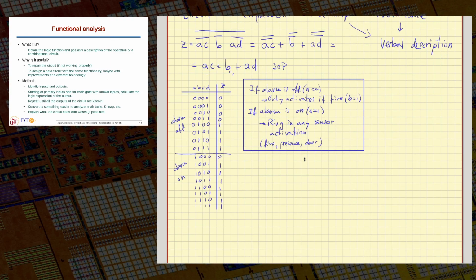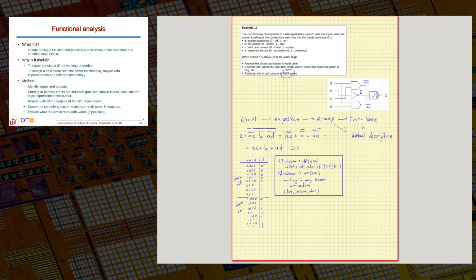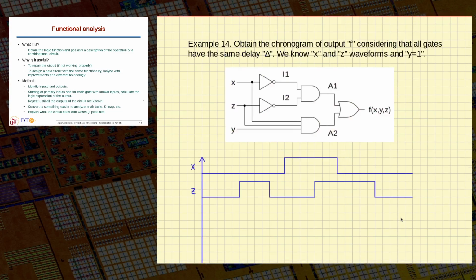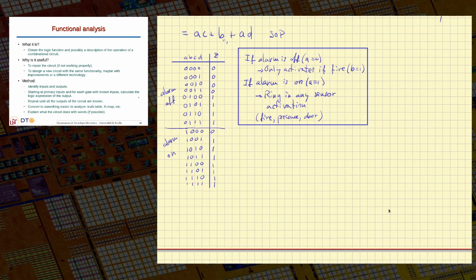So the next step, sorry, here. Our next step could be to redesign this function, but using only NOR gates.